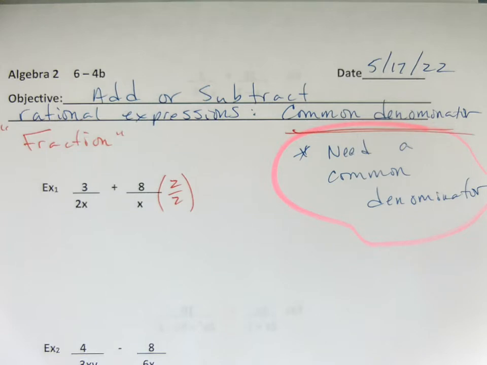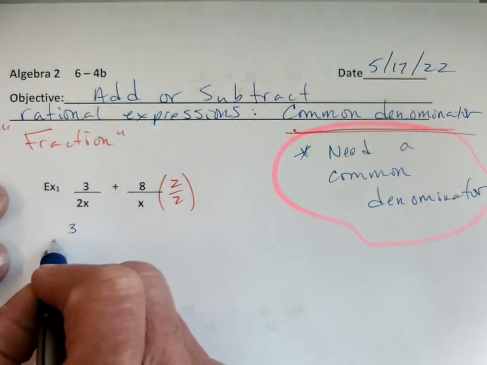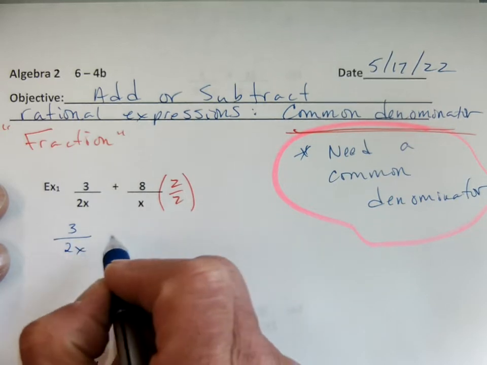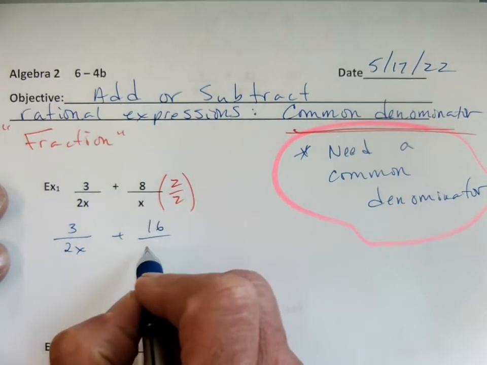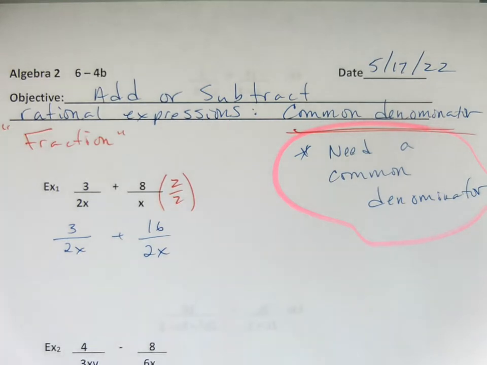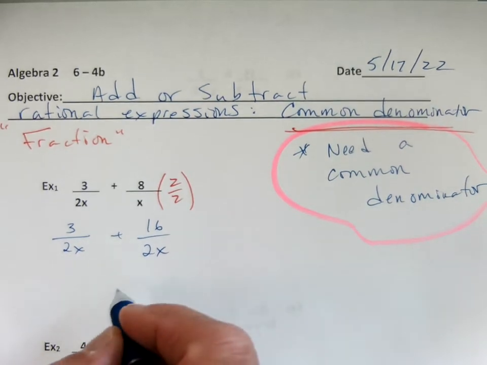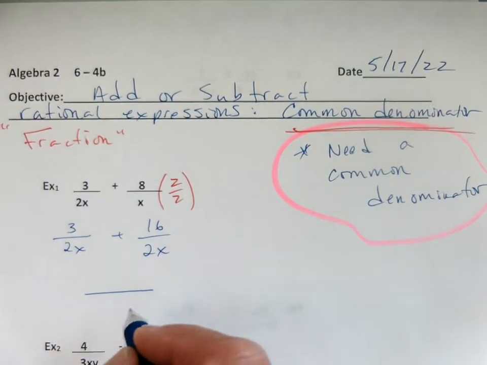Okay, so now let's rewrite what we have. Now I'm going to have 3 over 2x plus 16 over 2x, right? And now we have a common denominator. So if I have a common denominator, I just write it down.